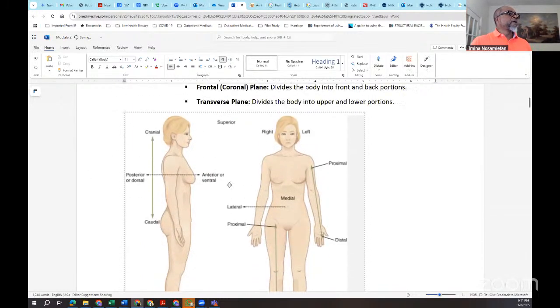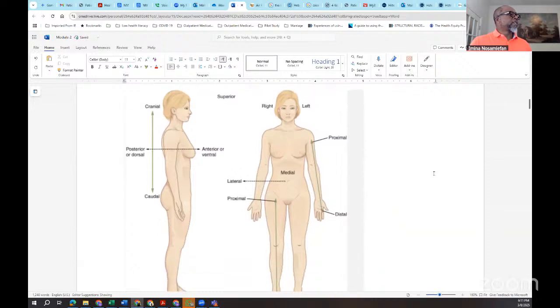Okay, so this is the anatomical position. When we say anatomical position, we talk about looking at a person from the front, okay? That's the anatomical position, such that this is the right, this is left.